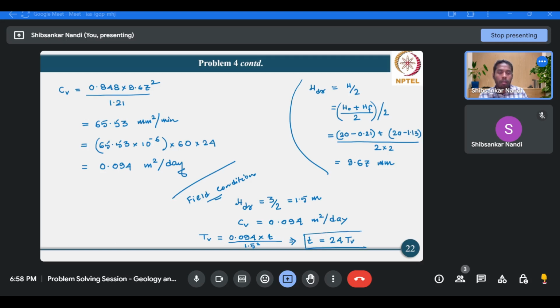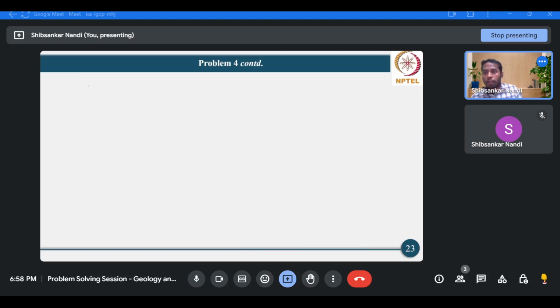So this is the relationship between time and time factor, as usual we have basically done. Now what we'll do, we'll basically make a table. The first column will be your degree of consolidation.